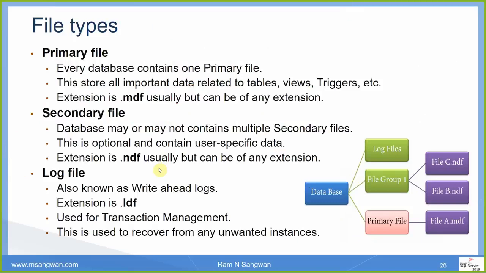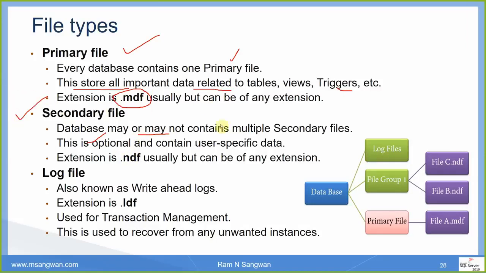So what all file types can be used here? We have different types of files, like the primary file. Every database contains one primary file. This stores all important data related to tables, views, triggers, etc. The extension of this file is MDF, but it can be any extension. Then the secondary file.